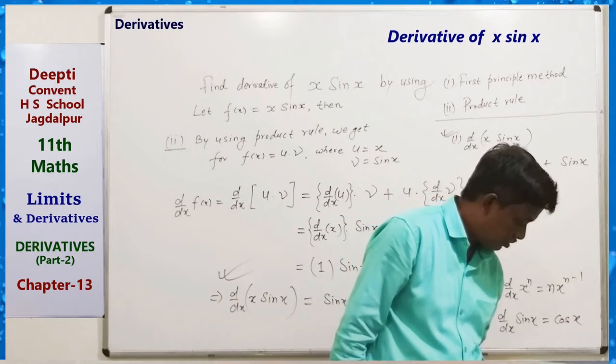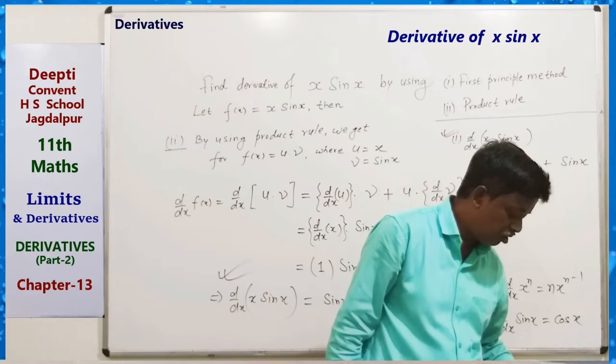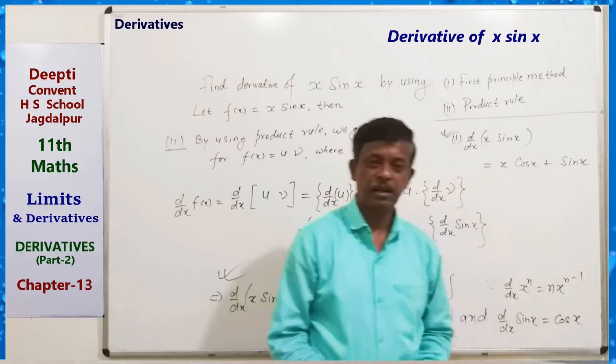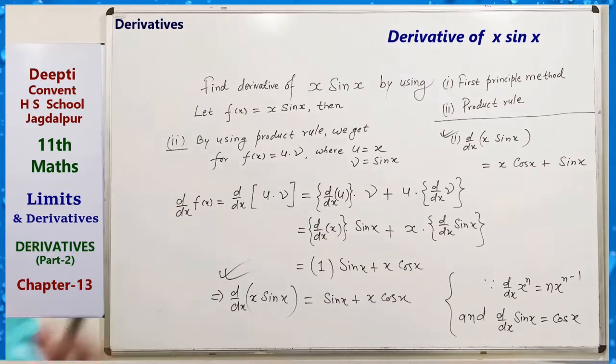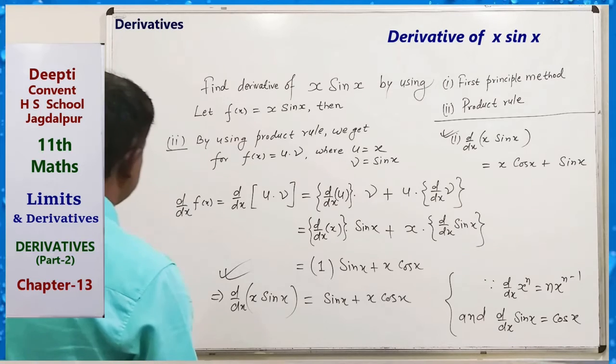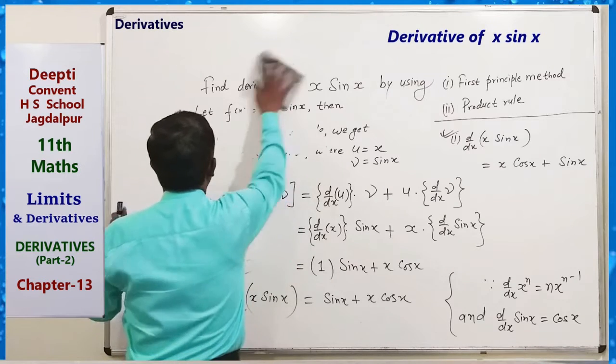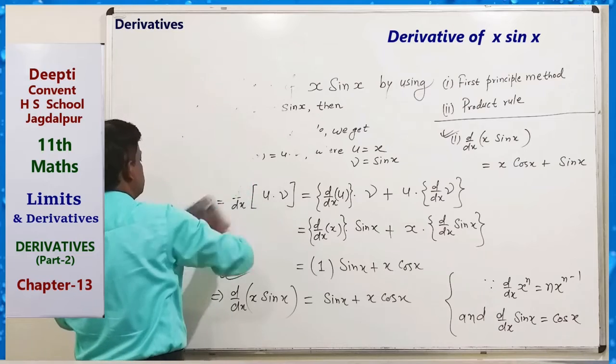Okay. Now, derivative of polynomials. How can you find the derivative of polynomials? Polynomials means an expression having different powers of x with multiples as constants and addition.